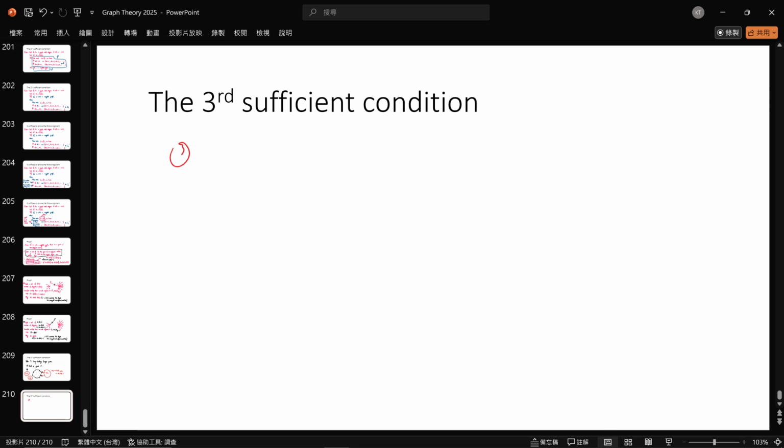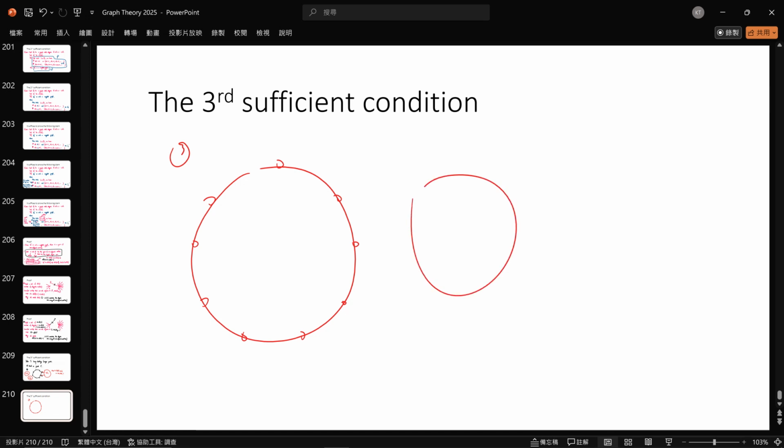So the next idea is, well, first, we can still remove the cycle to obtain some component H. We already know that if two consecutive vertices are adjacent to this component, then we can get a larger cycle.